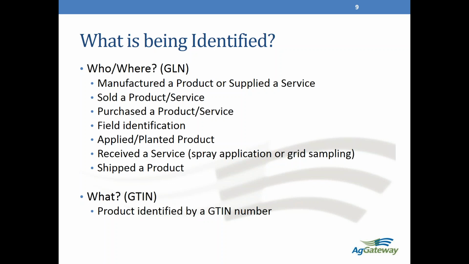Who purchased a product or a service? Where is that product or service being provided? Where is it applied? Where's the product being shipped? That's all identified with the global location number within a transaction. The what is the global trade item number. It's the actual product being identified by a GTIN number.